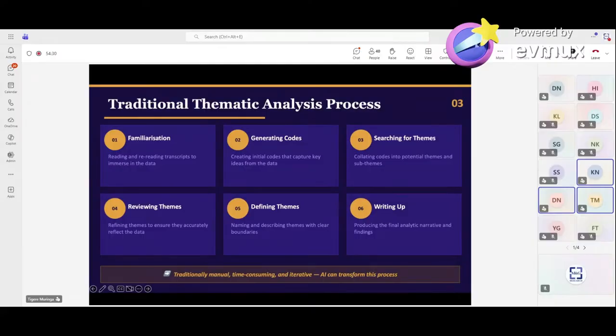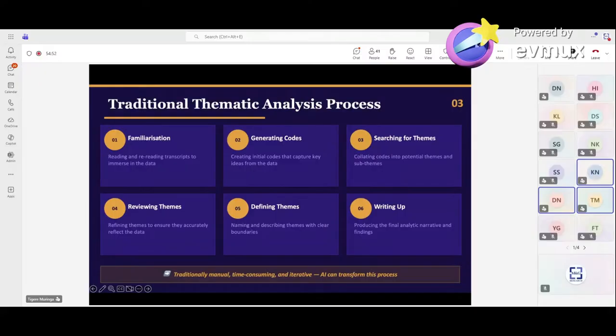For researchers with large data sets, where you've done your interviews and there are 100 or 1,000 of them, doing the traditional manual, time consuming and iterative thematic analysis process will take you ages to complete.